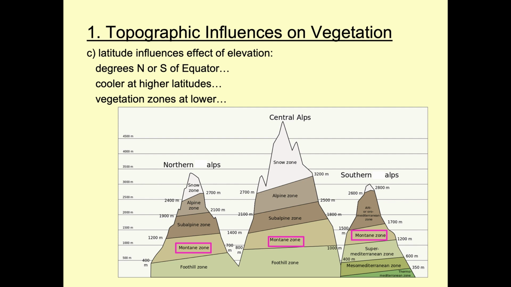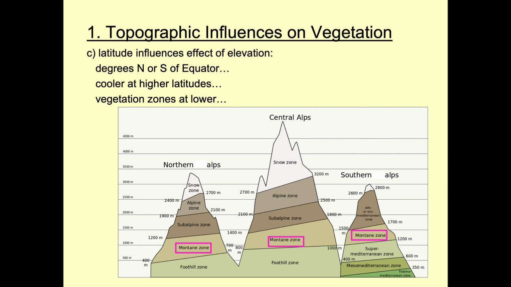So at higher latitudes, because it's cooler there, the same vegetation zones will occur at lower elevations. For example, if we take a look at this montane zone, it's going to begin at a lower elevation in these northern Alps compared to the central and southern Alps.